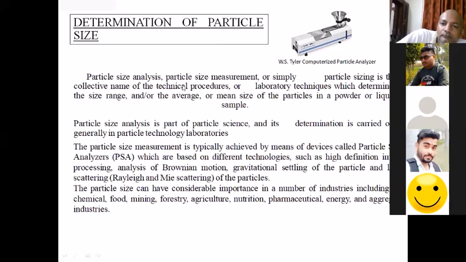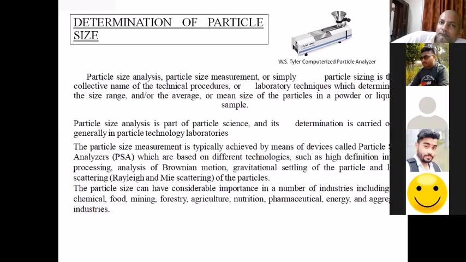Determination of particle size, or simply particle sizing, is the collective name of the technical procedures or laboratory techniques which determine the size range and/or the average or mean size of the particles in a powder or liquid sample. Particle size analysis is a part of particle science and its determination is carried out generally in particle technology laboratories.